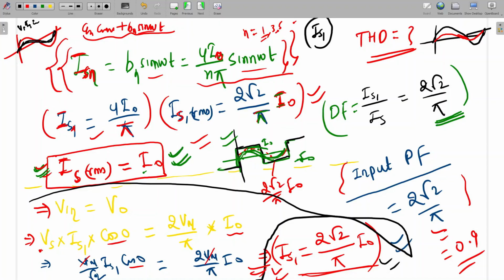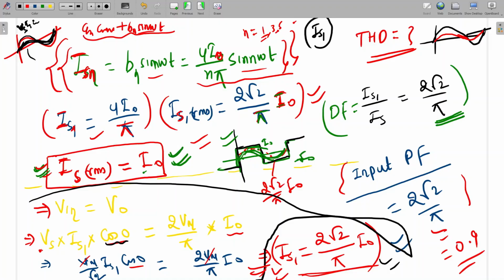The current is in the same phase as the voltage, since this is uncontrolled, so alpha will be 0. This is the source voltage and this black one is the fundamental current, so the angle between them will be 0. That's why input power is V RMS into I_S1 RMS into cos 0. Is it clear?